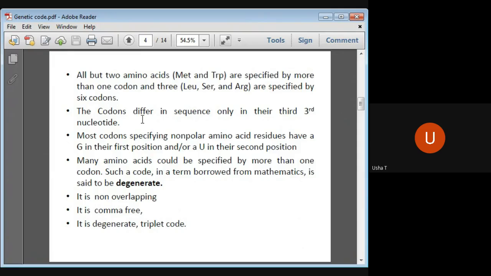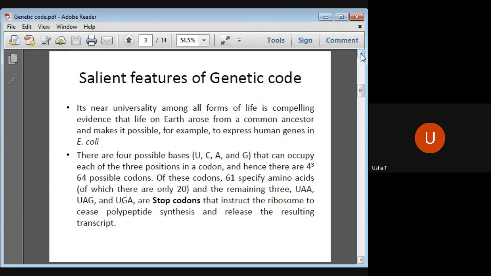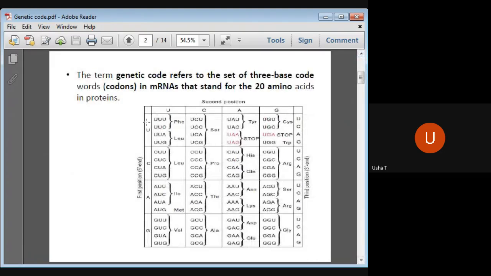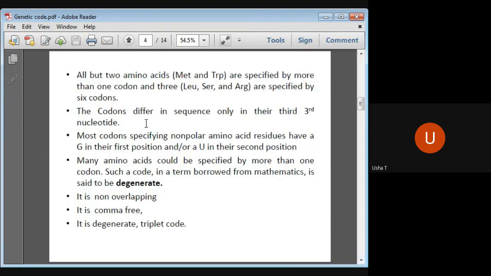The codons differ in sequence only in their third nucleotide. So if you look at the codon, it has three bases. I've already shown you in the table that the first two bases will be the same in each box, and only the last base is differing. So that is the next salient feature, that the codons differ in sequence only in the third nucleotide.